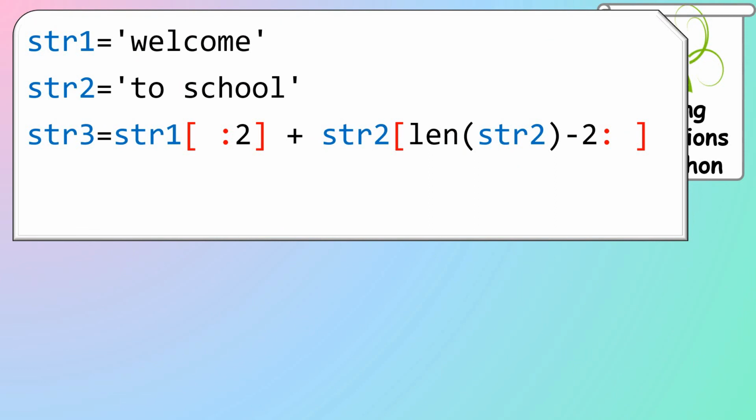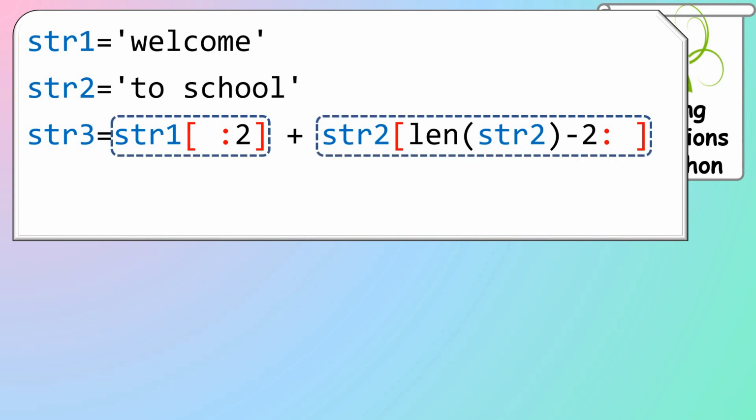Here str1 has the string welcome. str2 is equal to school. str3 is equal to. So there is a calculation here. And you can see there are 2 operands with the plus operator in between. So this is not normal addition, it is concatenation because we are dealing with strings now.